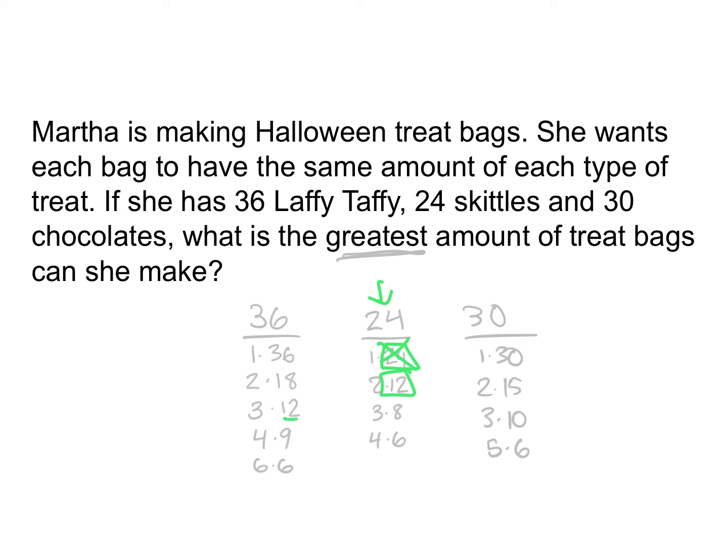It's over here, but not over here. So it's not 12. Is 8 in all of the lists? 8 is not in any of the other lists. I'm going to go to 6. Is 6 in all of the lists? It's here. It's here. 6 is my greatest common factor.